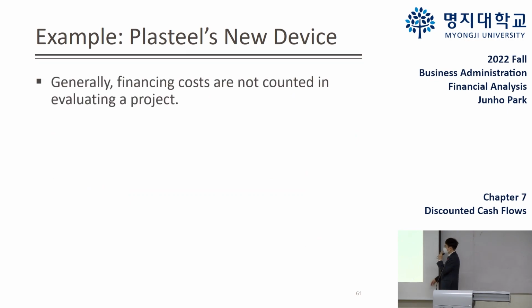And the next thing was about the interest expense. Basically, the firm will have some financing, and interest expenses and dividends are all called the financing cost. However, we do not consider the financing cost when we think about a single project.